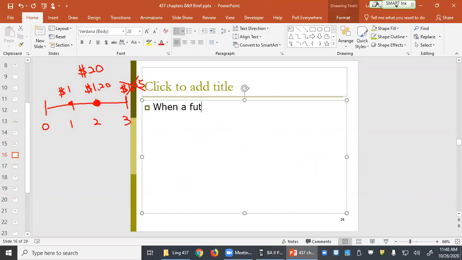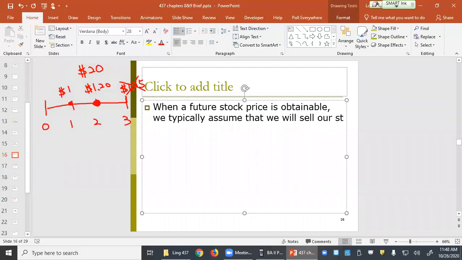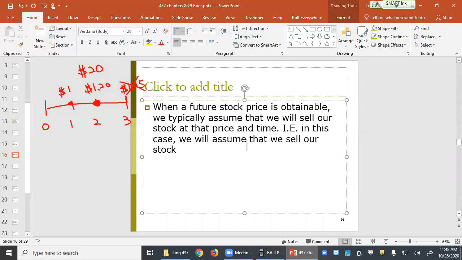When a future stock price is obtainable, we typically assume that we will sell our stock at that price and time. So for example, in this case, we will assume that we sell our stock in year 2 at $20 per share.